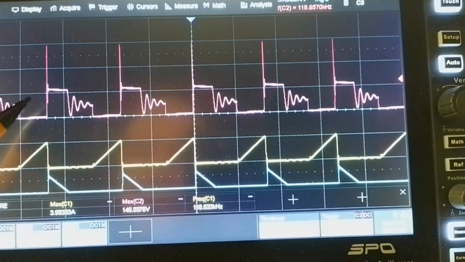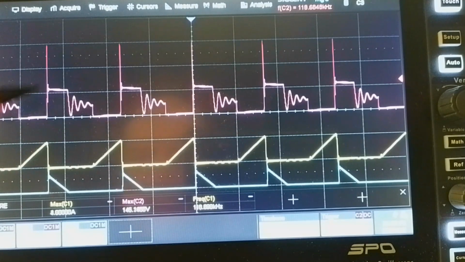Here we can see the drain voltage, primary side drain voltage. And here it's near 0, and during this time the input voltage 24 volts is across the primary winding, and then this FET goes off.